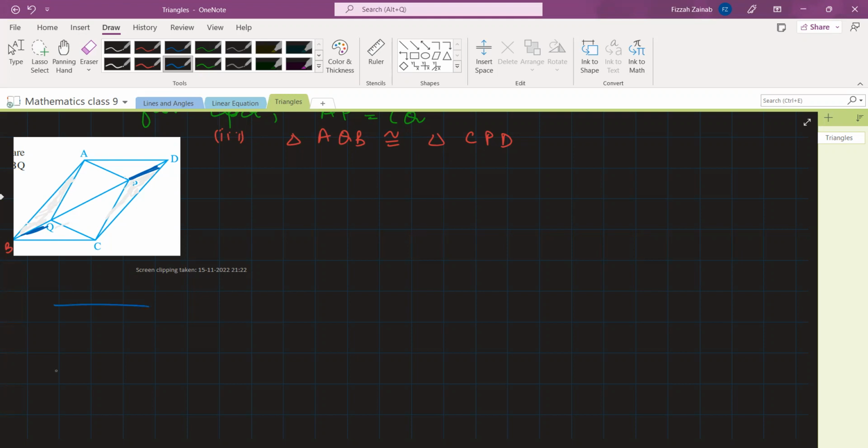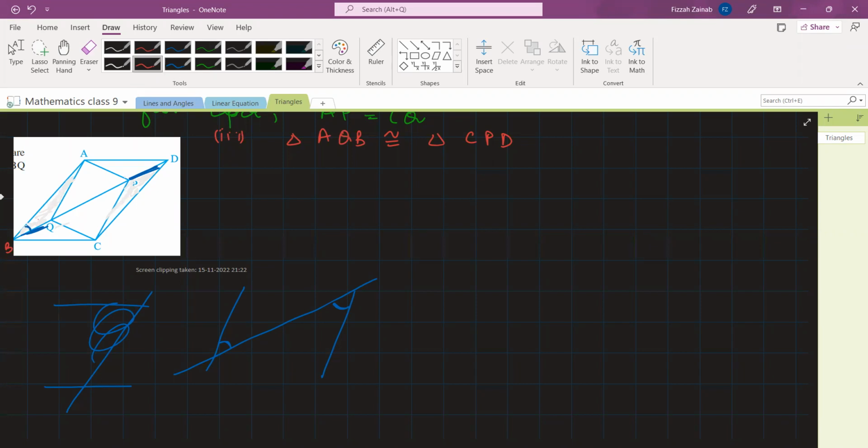If this side is parallel to this side and this is a transversal, what will happen this time? You need this angle, so you take this side parallel to this side and this is a transversal. That means this angle will be equal to this angle.